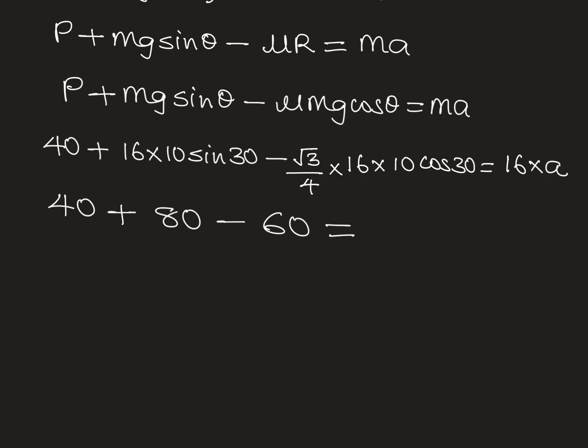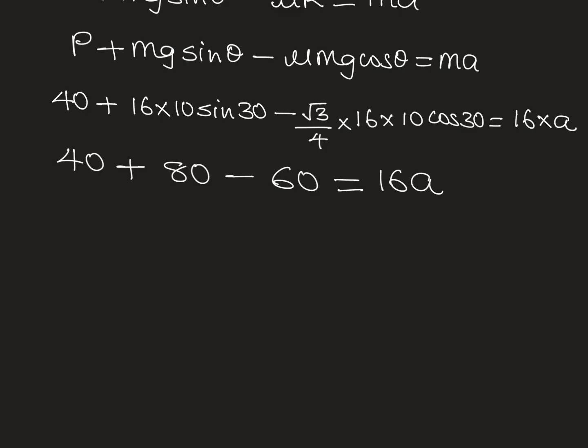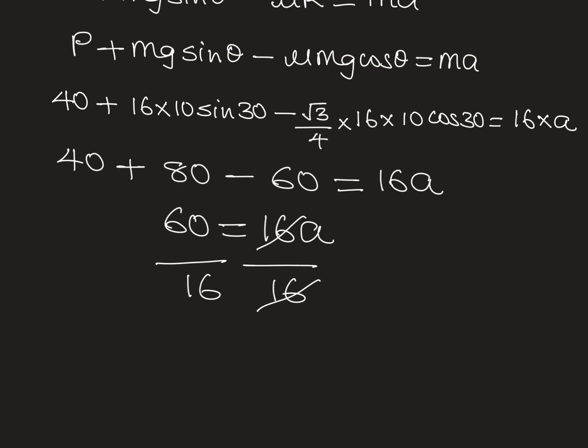So this is equal to 16a. 40 plus 80 minus 60 is 60, equal to 16a. To find a, you divide both sides by 16. Therefore, acceleration is 60 divided by 16, and that is 3.75 meters per second squared. And that answers the question.